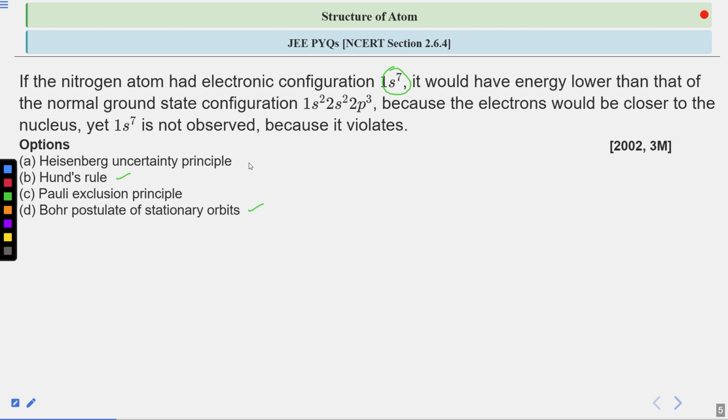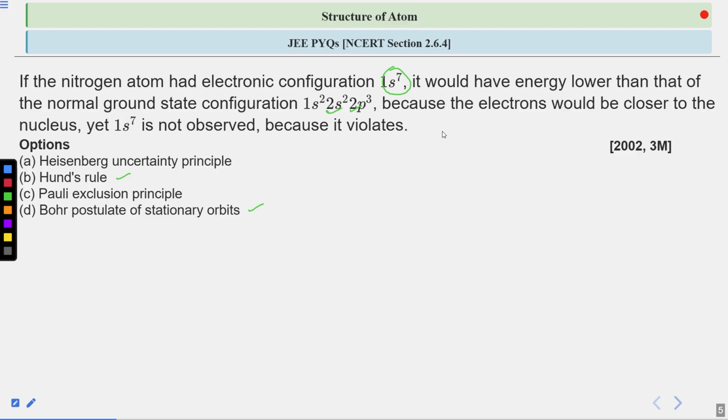If I try to explain this question, it is saying that your electron can be closer in case of 1s7. So if you take the case of 1s7, then what would be the radius? It would of course be lower than that of 2s and 2p, right? It would be lower if it is a 1s subshell, because the distance will be less.